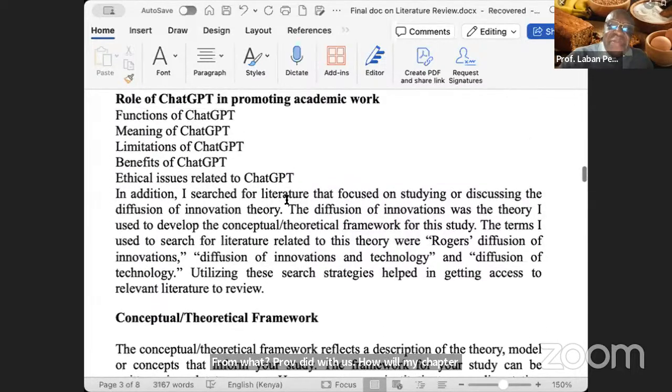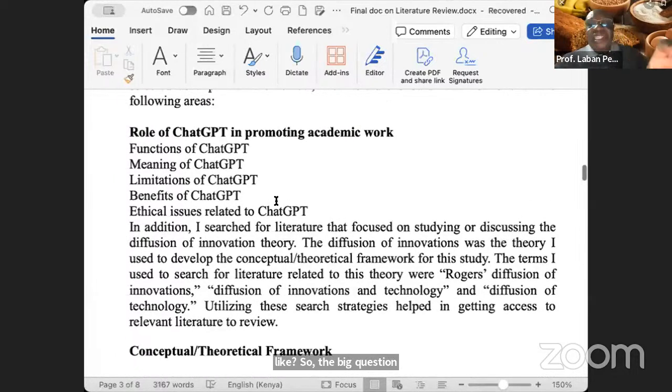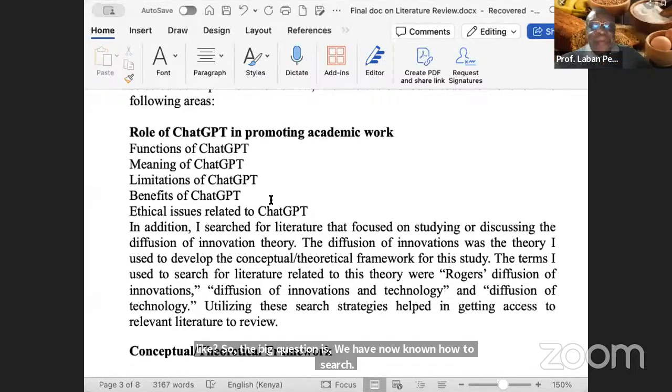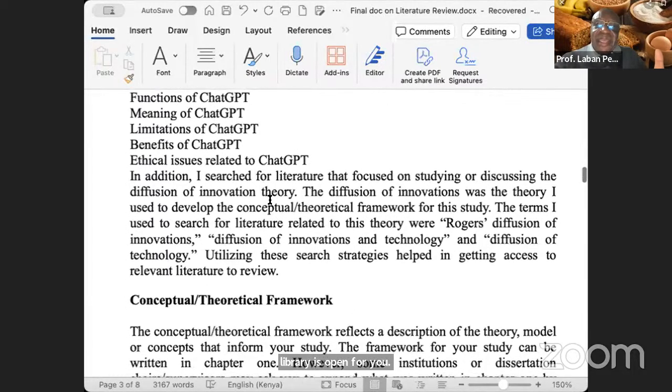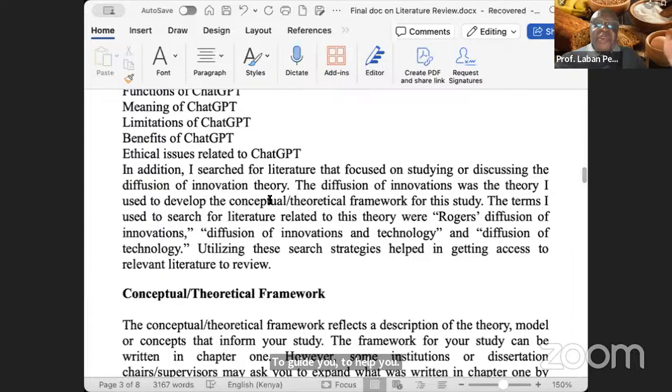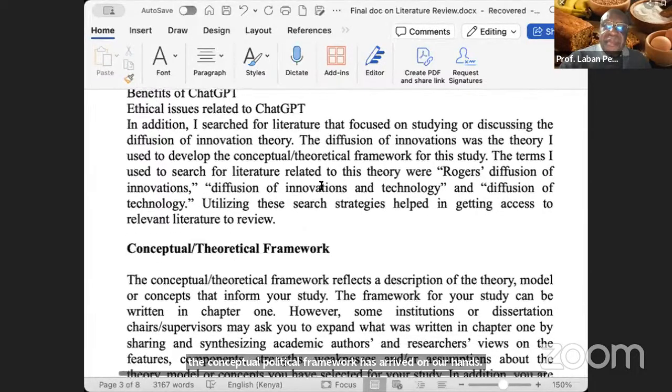So the big question is, we have now known how to search. You pick search terms that relate around your topic, and then you go to the right databases. And our library is open for you, to guide you, to help you. Then you can see very quickly the conceptual theoretical framework has arrived on our hands. Can somebody pick it up for me from there?